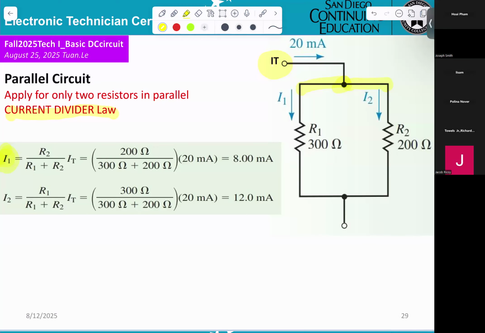And I1 equals R2 divided by R1 plus R2 times IT. Okay? If you want I2, it equals R1 divided by R1 plus R2 times IT. Okay? That is the current divider law.